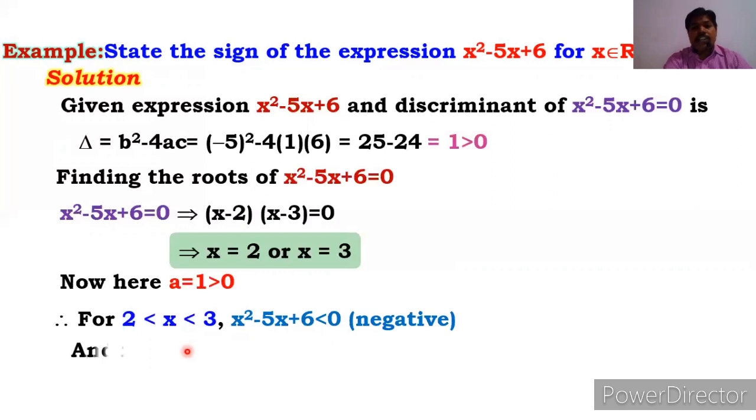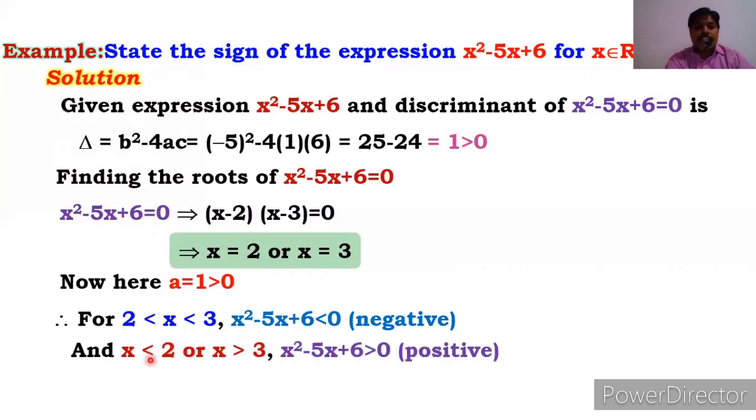In the next case you can observe that x less than 2 or x greater than 3. That means if x less than alpha or x greater than beta, then the expression and a both have the same sign. A is positive, so automatically the expression is also positive.